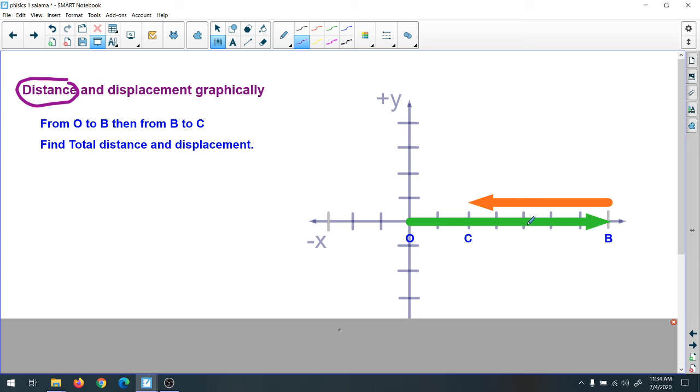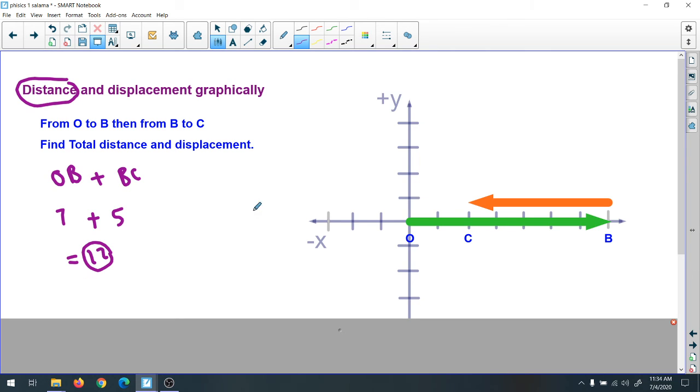From O to B is 1, 2, 3, 4, 5, 6, 7. Plus from B to C, 0, 1, 2, 3, 4, 5. So the total distance will be 12.